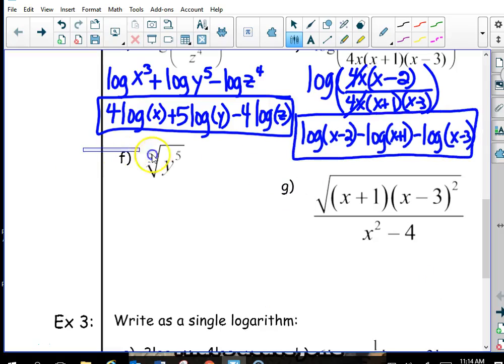Okay, let's take a look at F. What you have to remember is how to turn a radical into a rational exponent. And remember, it's power over root, just like a tree, at least the root part. I completely forgot to include a log here.